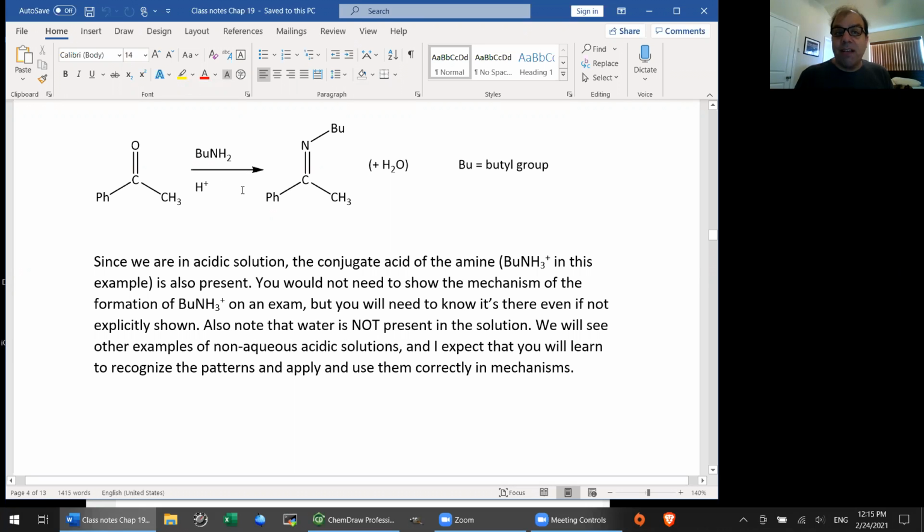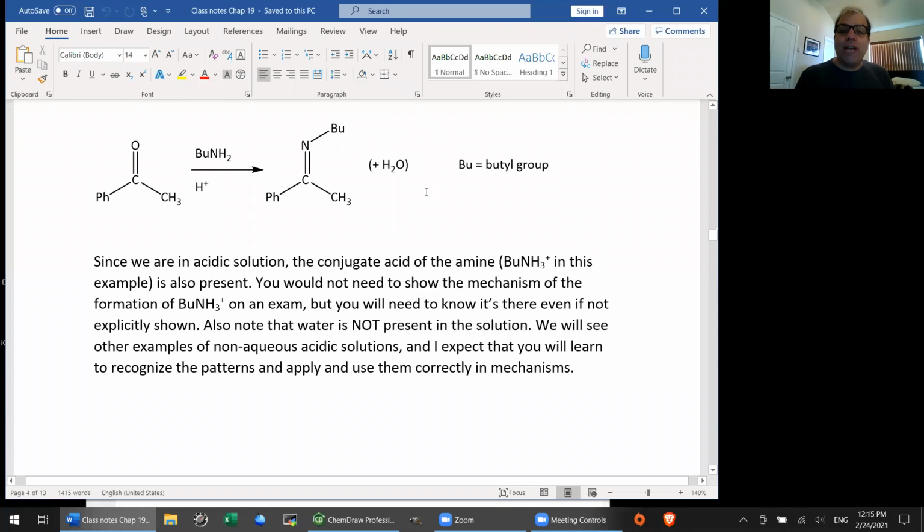In fact, I would expect that if you did the reaction under even somewhat aqueous conditions, you would get a very low yield at best, because Le Chatelier's principle says that when you add more of one of the products, you drive the equilibrium backwards. So really, for this reaction, we need to exclude water.